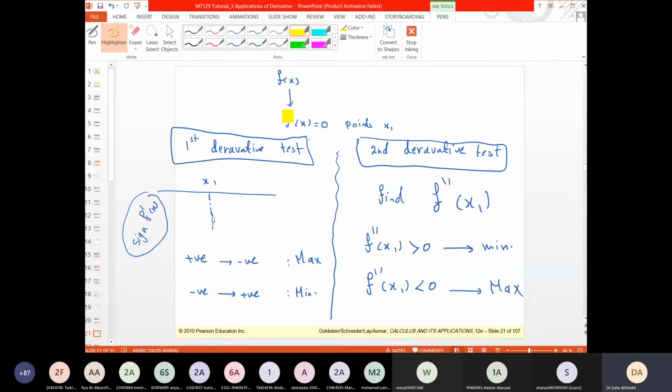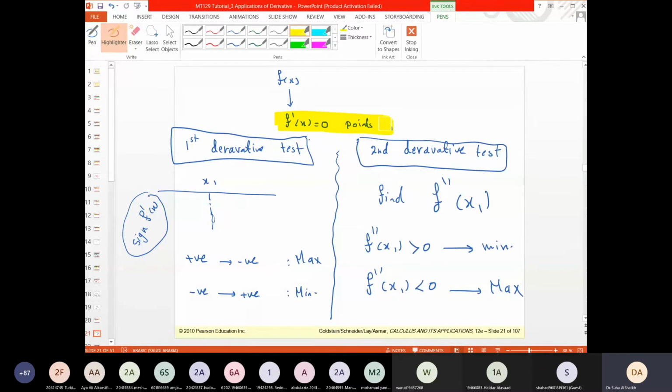الفيرست ستيب اللي هي الاف داش نخليها زيرو مشتركة ما بين التو ways. بعدين ننقسم. إذا أنا حابة أستخدم الفيرست derivative ولا حابة أستخدم السكند derivative. If I want to use the first derivative, I will draw the line, I will study the sign before and after.